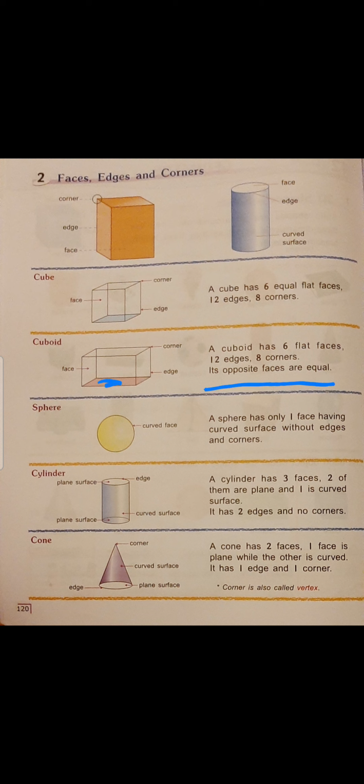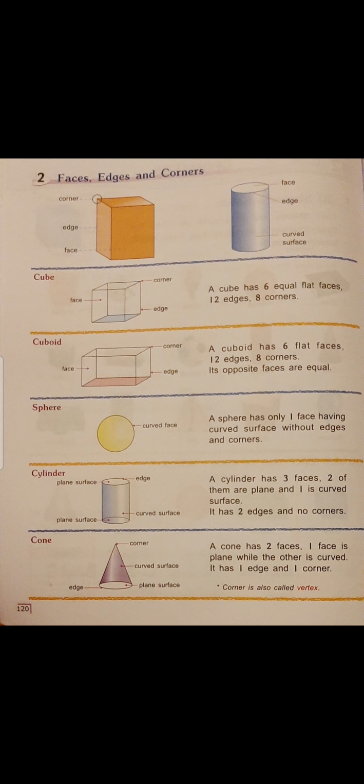This face and this face are equal. This face and this face are equal. So in a cuboid, opposite faces are equal. In a cube, all flat faces are equal, but in a cuboid, opposite faces are equal.